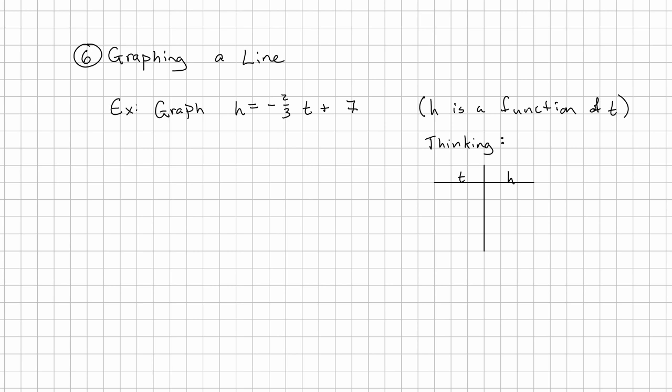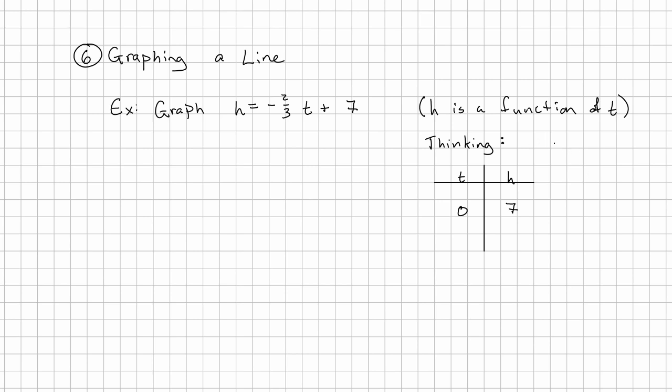Looking first at the intercept, we know that when t is 0, and I'm purposely putting this not in the first row but in the second row, when t is 0, h is 7. Right? That's the intercept. That's what that means, the value of h when t is 0.